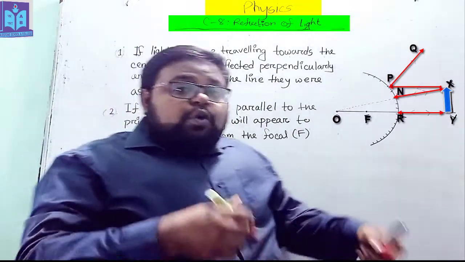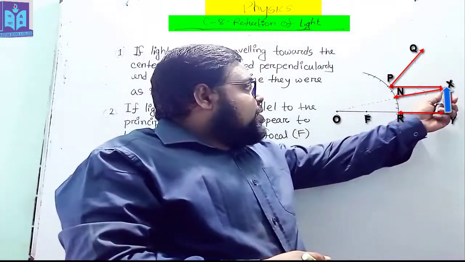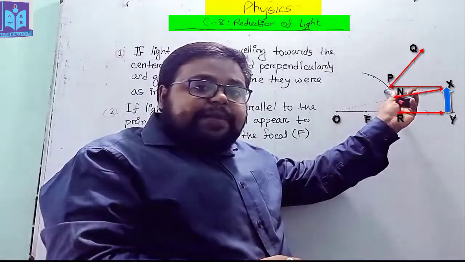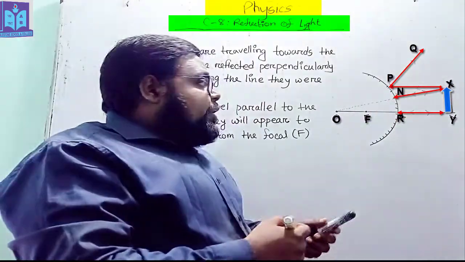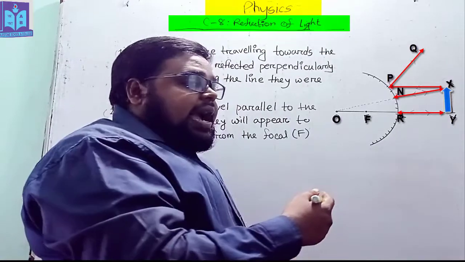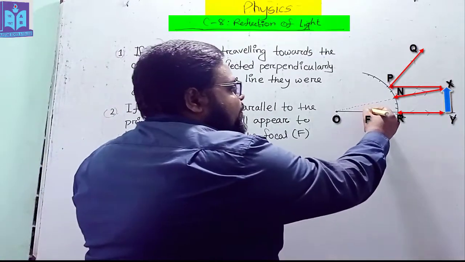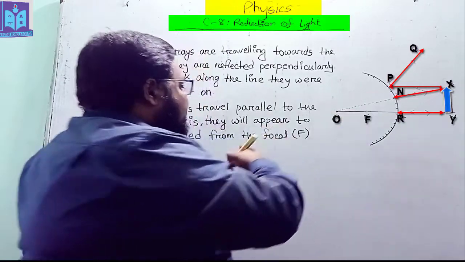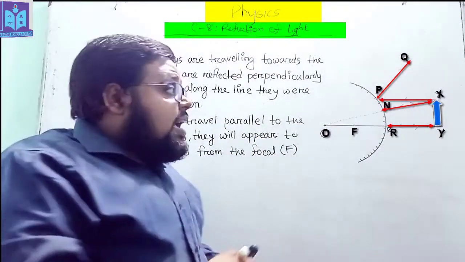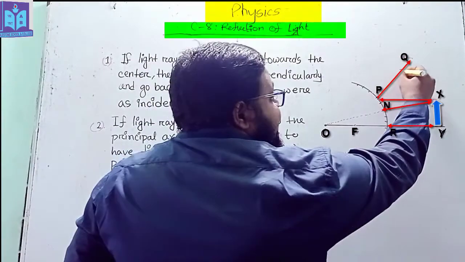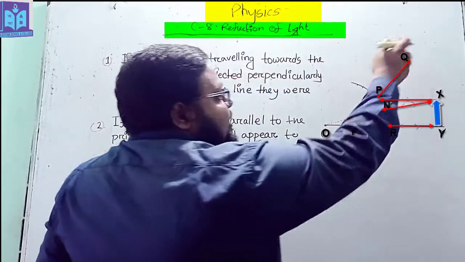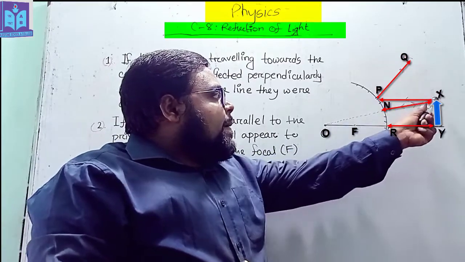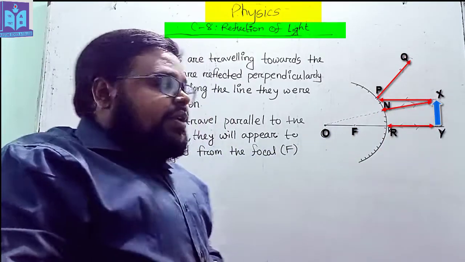That means when the incident ray XP is incident on the point P, it looks like the light is coming from the focal point. And according to the second law, the reflected ray PQ will go in that direction. That is the reflected ray, and XP is the incident ray.